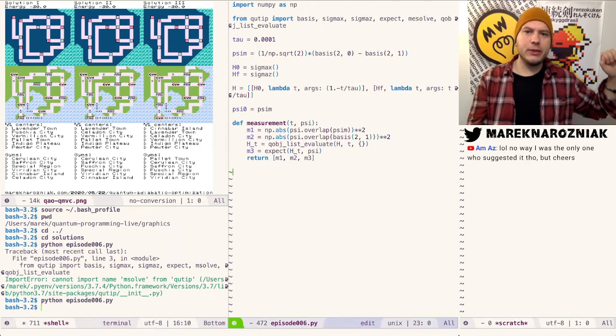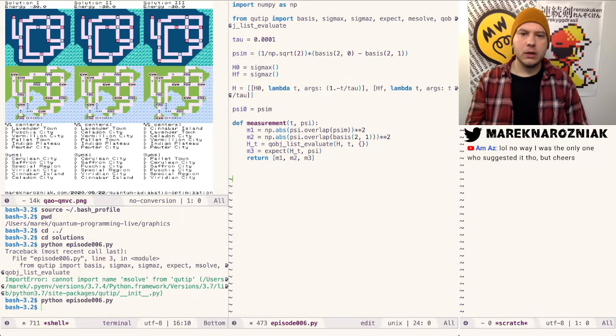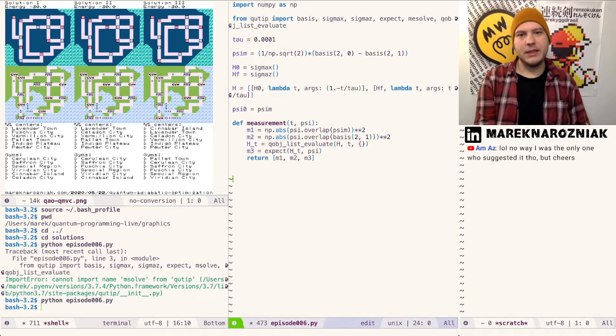So we are ready to do our time evolution. So let's compute some time steps, which is basically all the time steps, and also in case we need the derivative, let's also get dt. NumPy linspace from 0 to tau, right? Let's make 50 of them.